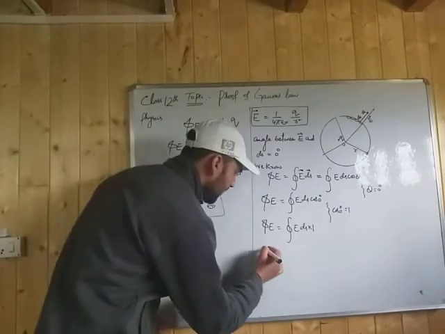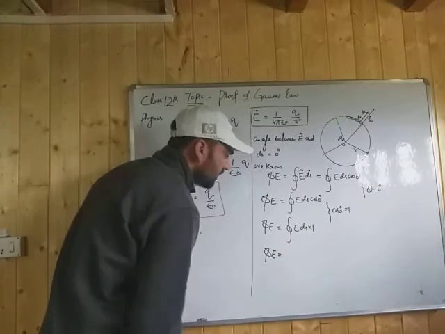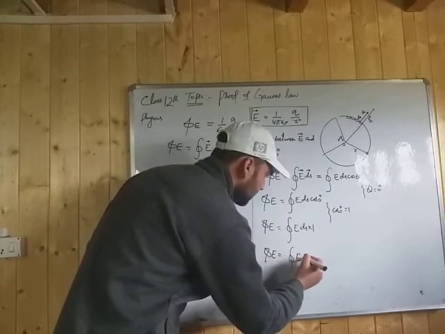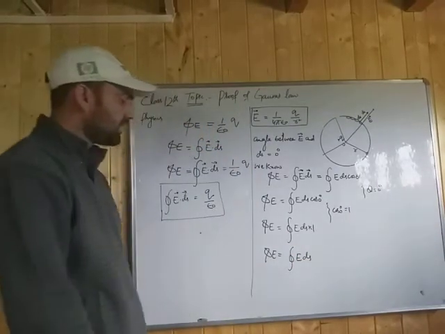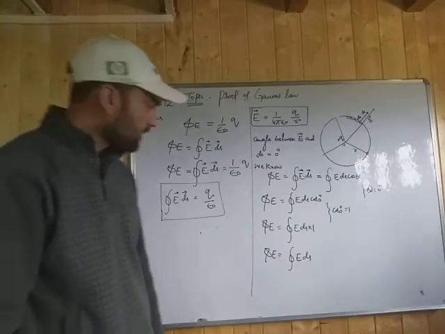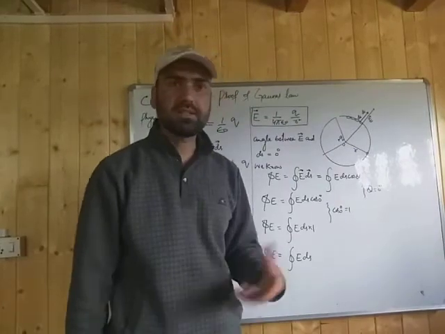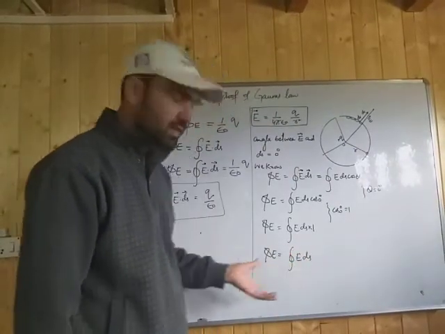So this phi E is equal to closed integral of E dS. Now we know that the magnitude of the electric field at any point on the closed surface is the same, so it is constant, and we can take it out.